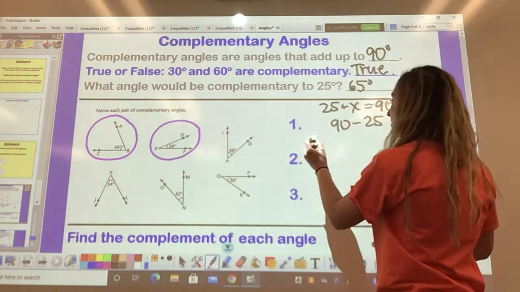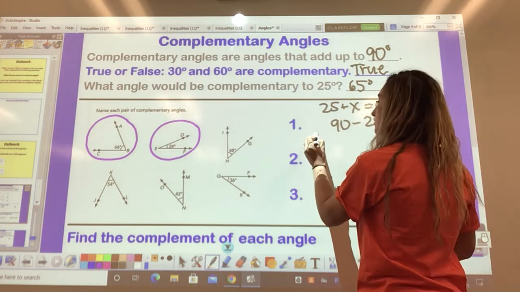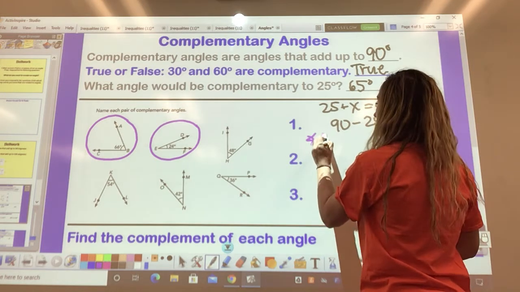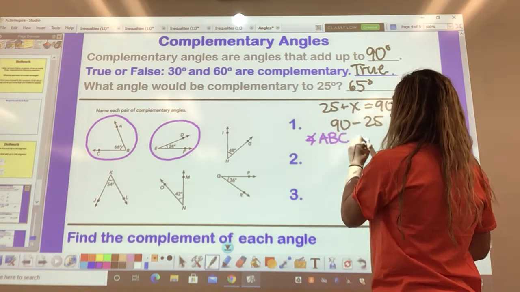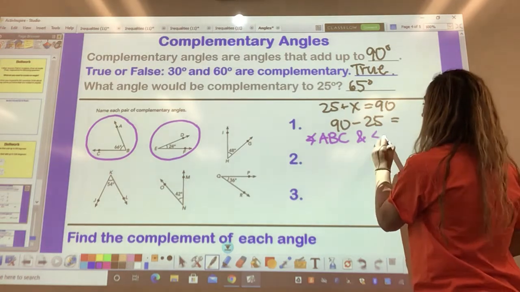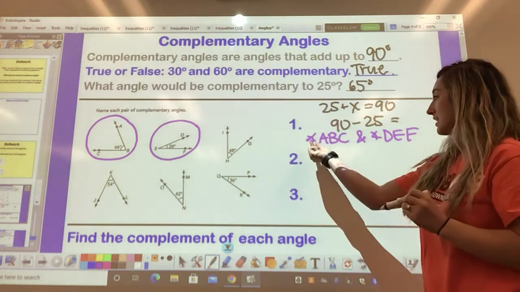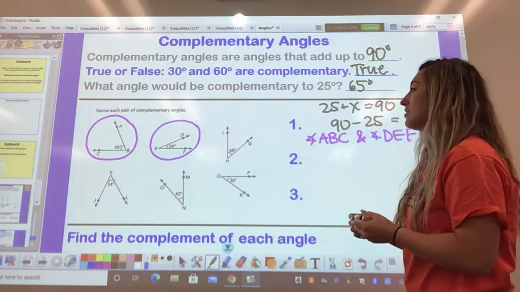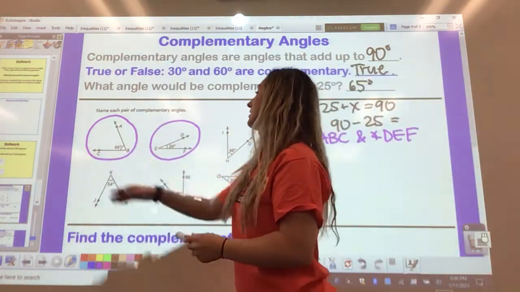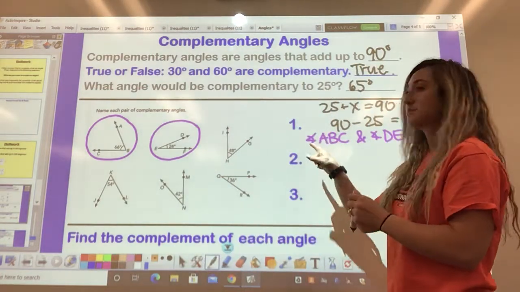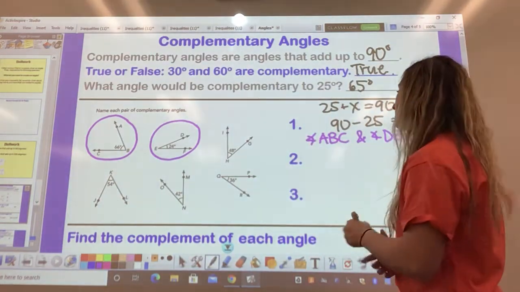So one pair of complementary angles would be angle ABC and angle DEF. And that's just notation for an angle because it's labeled ABC. We can write it as a little angle sign, ABC.